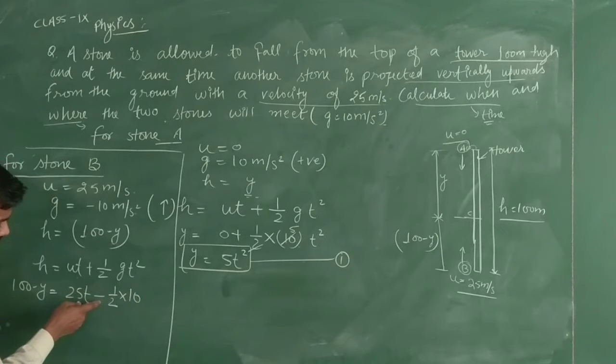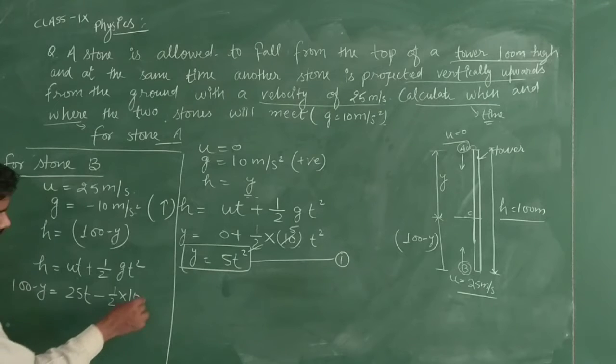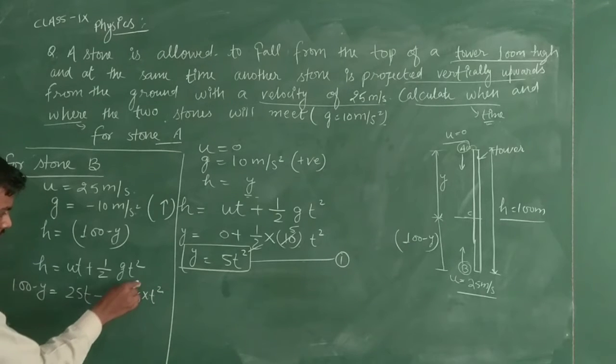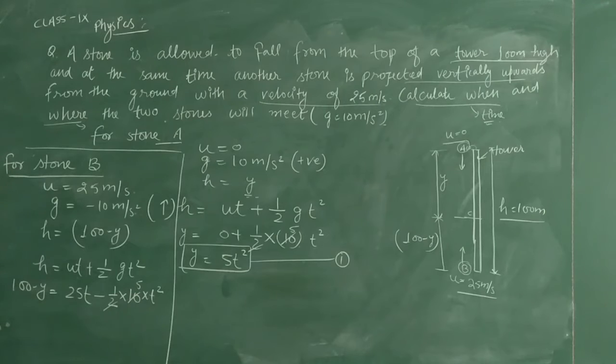We have already written negative here, so we don't need to write negative again. Multiplied by t square. It will be 5t square. We can see here 100 minus y equal to 25t minus 5t square.